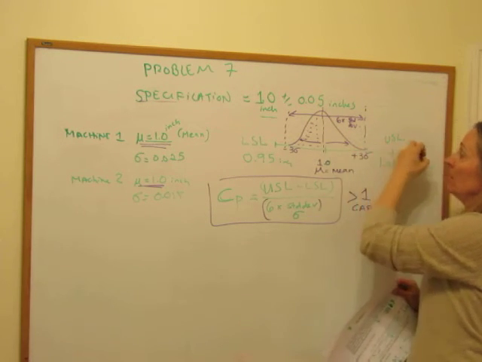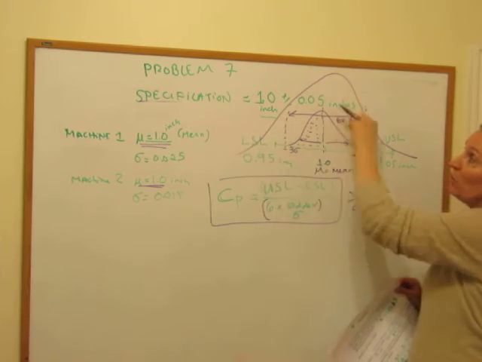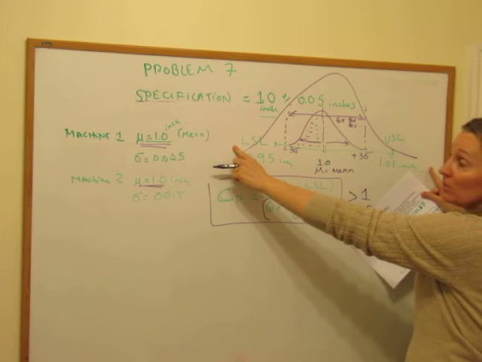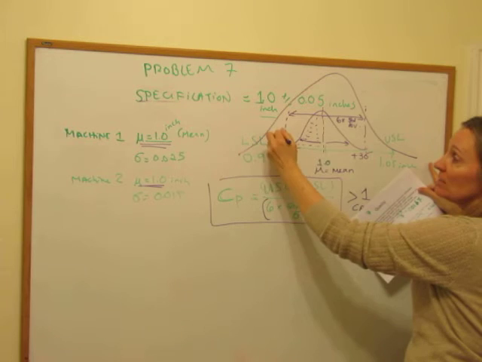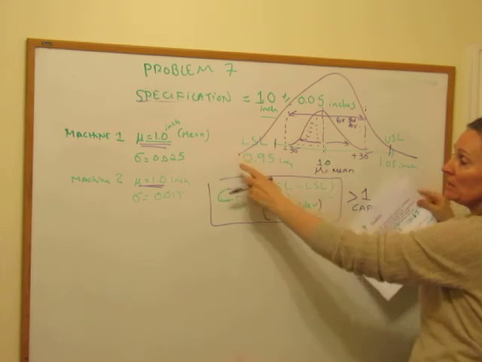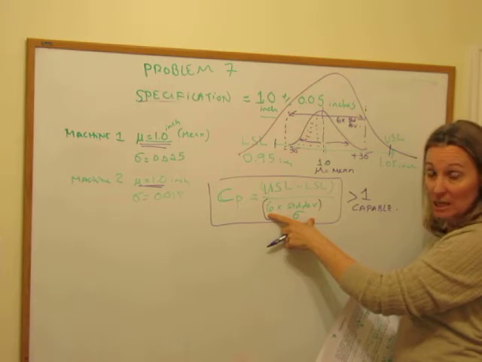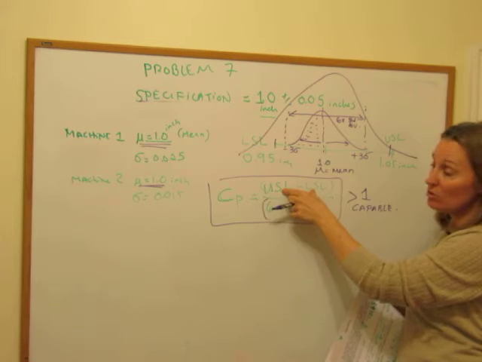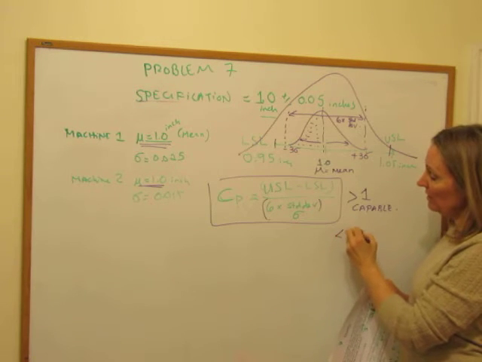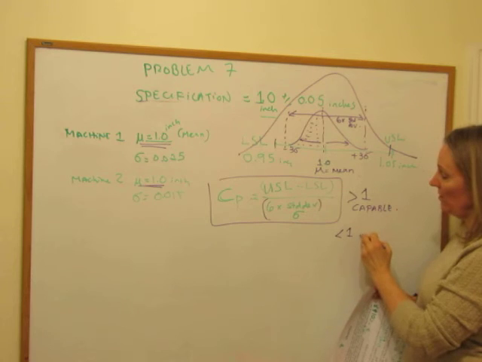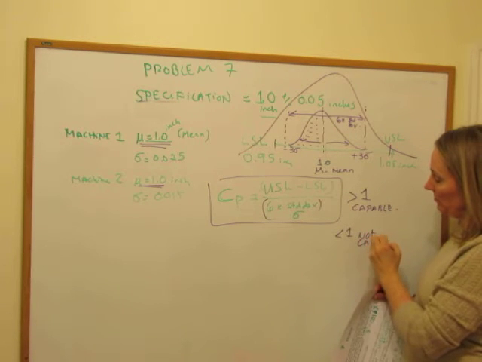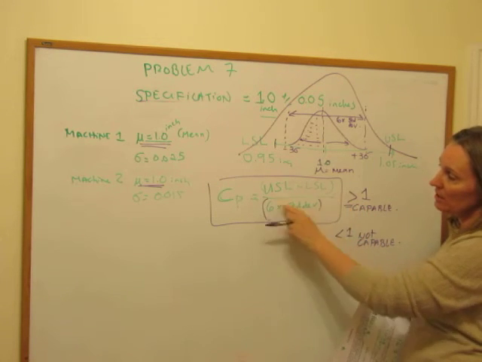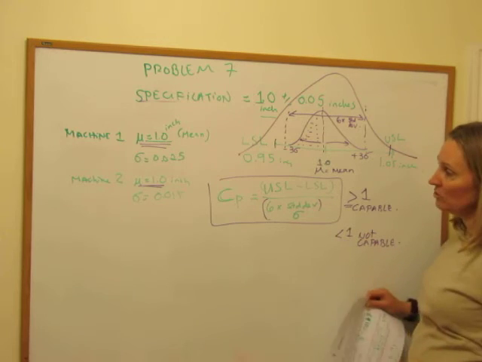If instead the process distribution was bigger, plus or minus 3 standard deviations of the process falling outside of the lower and upper specification limits, then the denominator is going to be bigger than the numerator. And if you have a bigger number in the denominator of a fraction than the numerator, then this ratio of Cp would be less than 1, and that would be not capable. Now we could consider something exactly equal to 1 as being capable as well. So this is the formula.